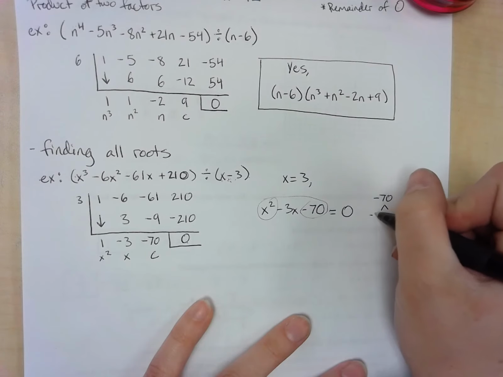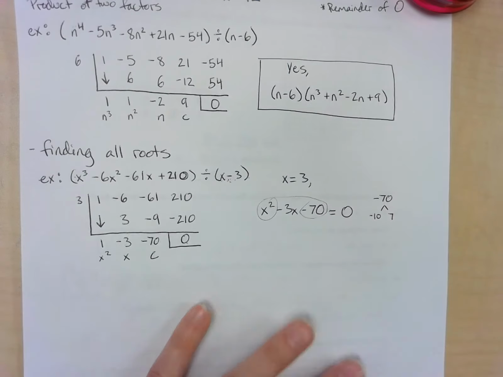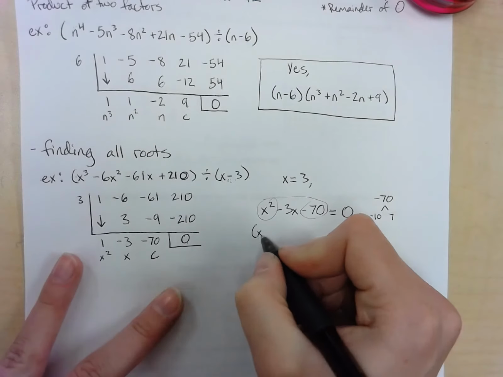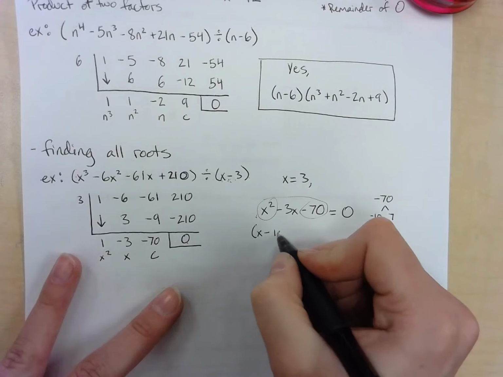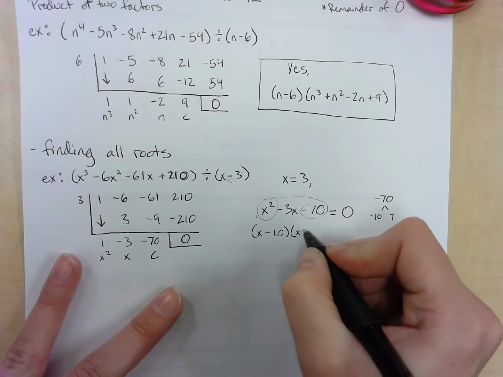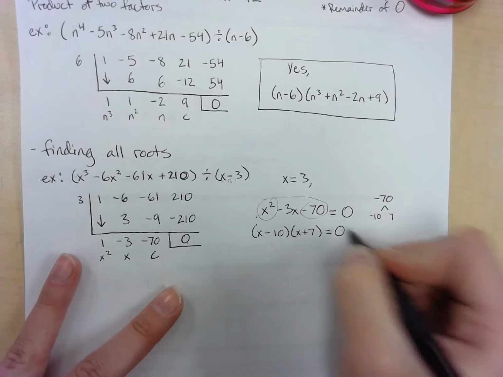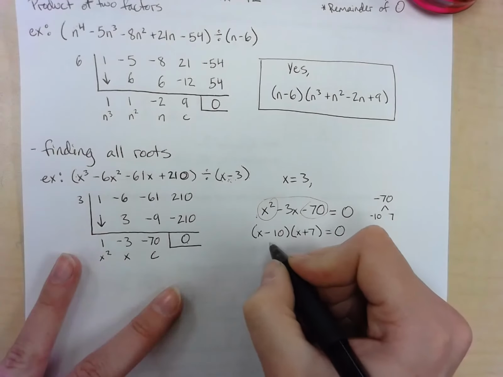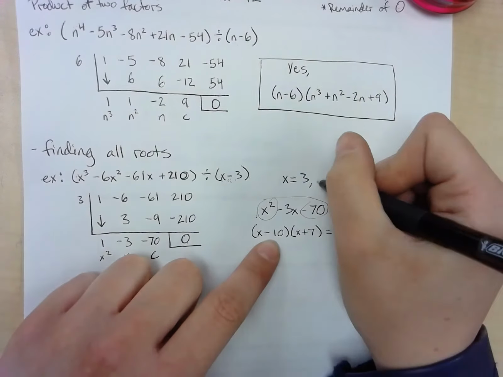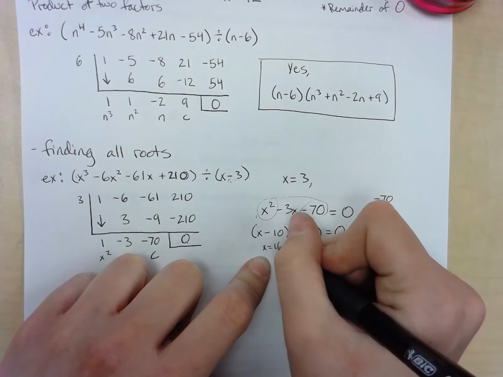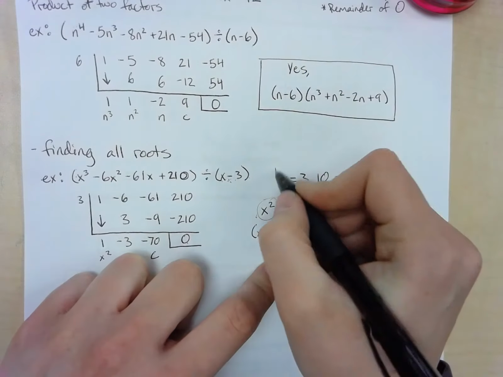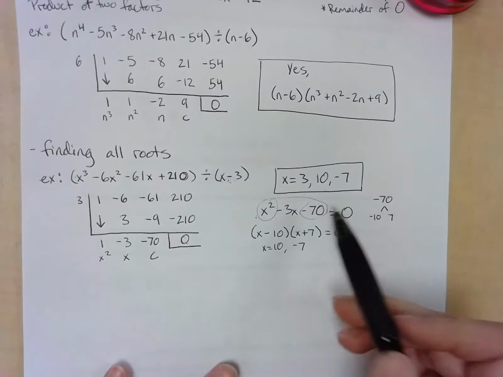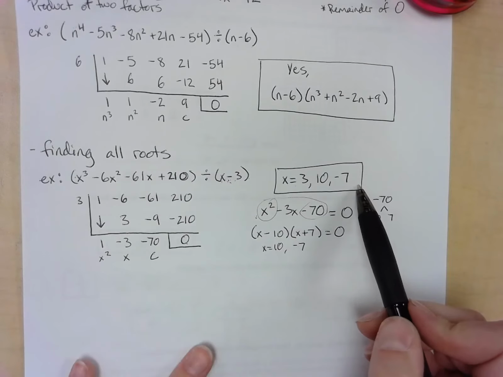How about negative 10 and 7? Okay, so since a is 1, I can go x minus 10, x plus 7. So from there, x is 10 and negative 7. So there we go. Those are all of my roots.